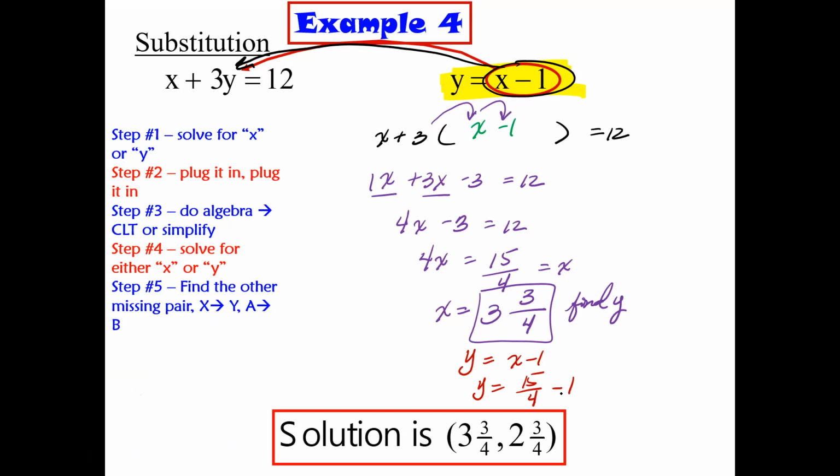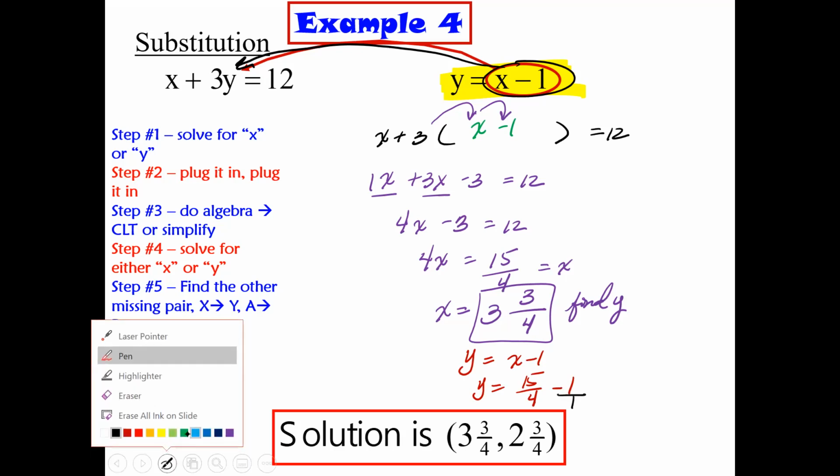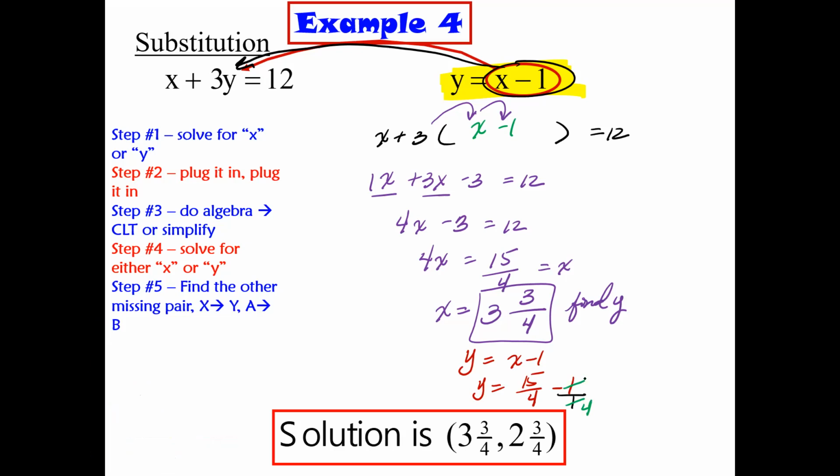Going back to elementary school math, it's a 1 over 1, but I need to have a common denominator. So 15 minus 4 is 11 over 4, or 2 and 3/4. And ta-da, there is your answer.